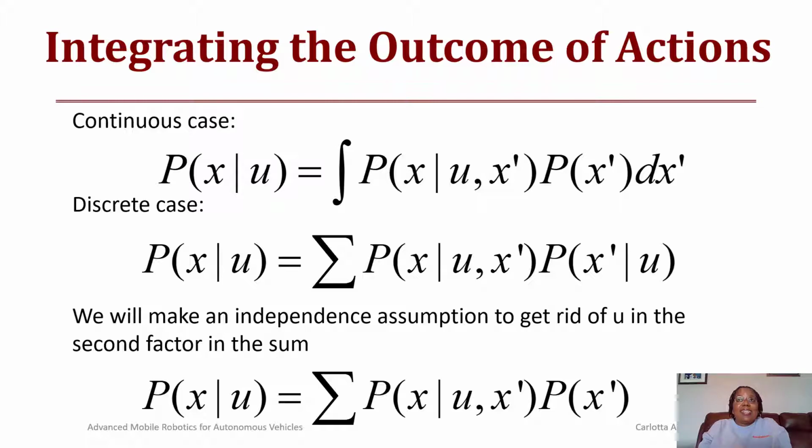In the discrete case, the probability of X given that action would be the summation of the probability of X given that action and the previous state X prime, times the probability of X prime given the action U. If we once again make an independence assumption stating that we can get rid of U in the second term because there is no reliance of the previous state on the robot's action, then we can rewrite this as the probability of X given U is the summation over all X prime of the probability of X given U and X prime times the probability of X prime.